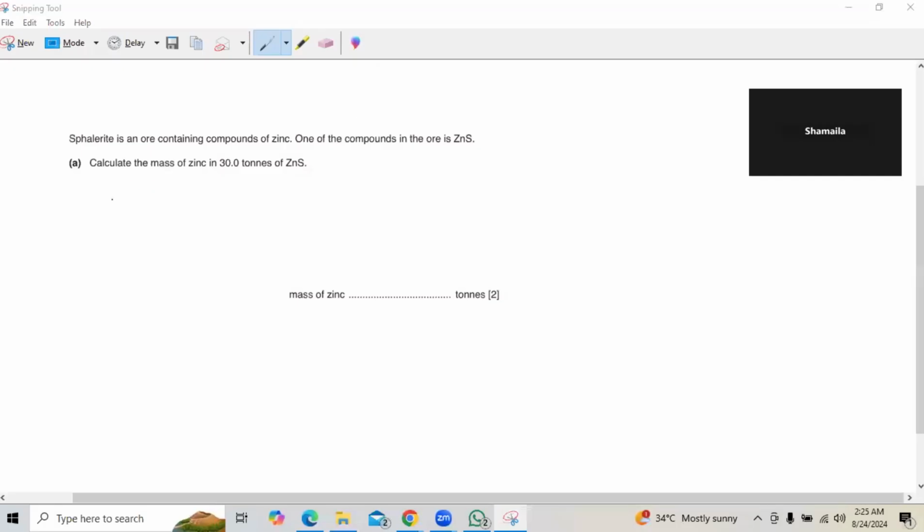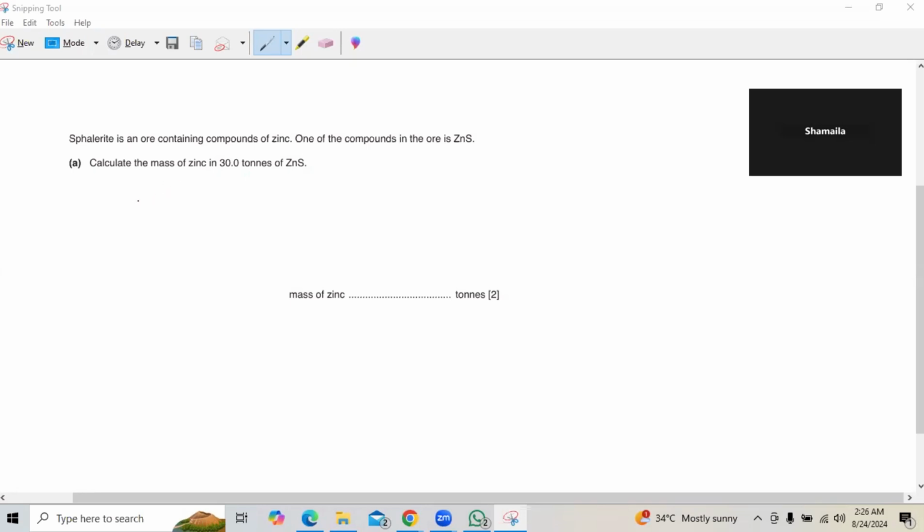There's a question in which they are saying sphalerite is an ore containing compounds of zinc. One of the compounds in the ore is zinc sulfide. They say calculate the mass of zinc in 30.0 tons of zinc sulfide. So they want us to find only the mass of zinc.